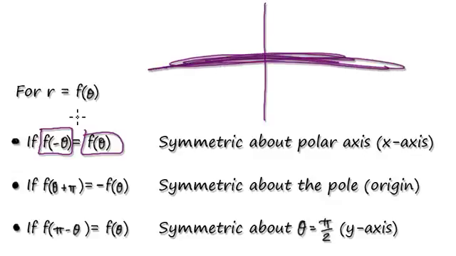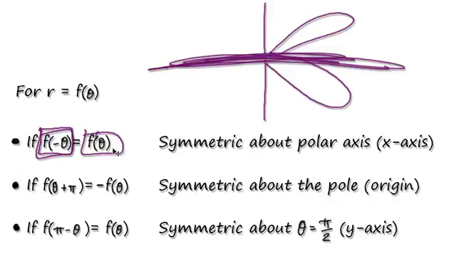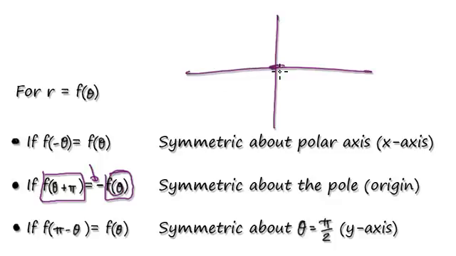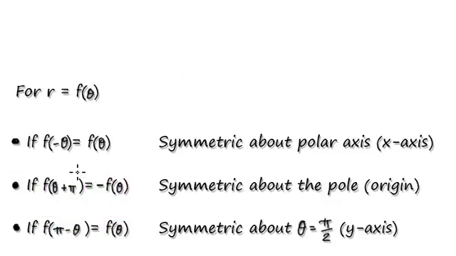If you apply this transformation and it equals the negative version of the original, then you can say it's symmetric along the origin. And if you apply this transformation and it equals the original, then you can say it's symmetric along the y-axis.